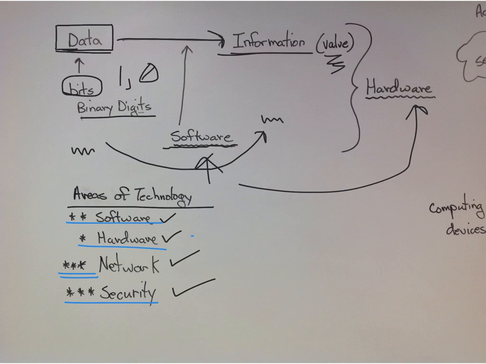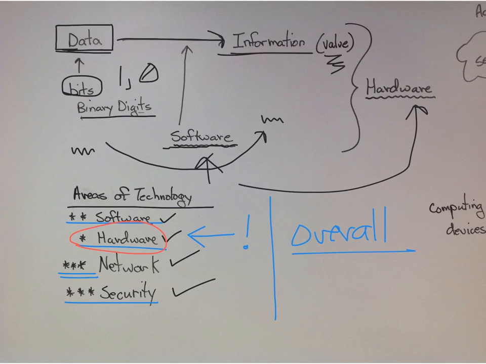Even though it's not my number one choice, it's still important to know about hardware so that you have a good overall understanding of technology. Now other people really enjoy working with hardware. And I enjoy working with it, it's just not my area that I would pick.